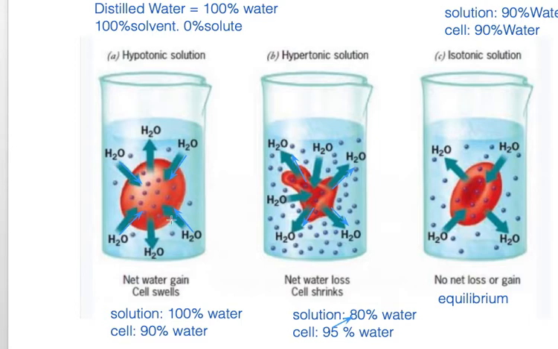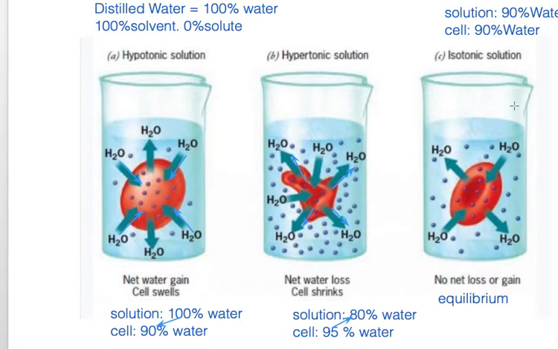In the solution in the left beaker, with distilled water being at 100%, the cell in this beaker has 90%, which means that there's more water in the solution, less solutes. Therefore, water moves from the solution to inside of the cell, causing that cell to swell and take on water.